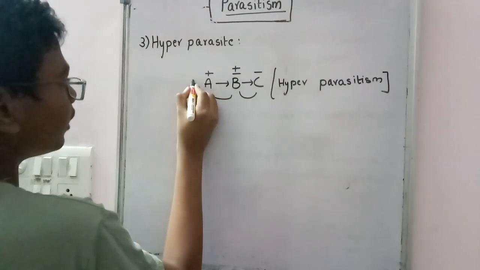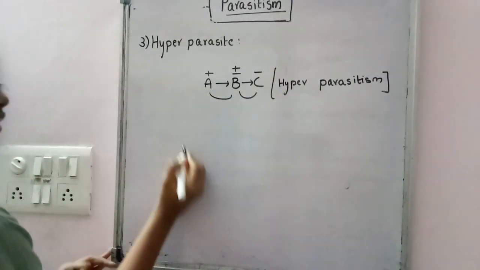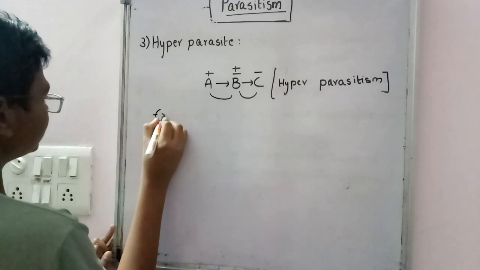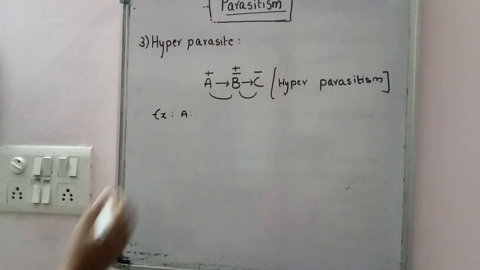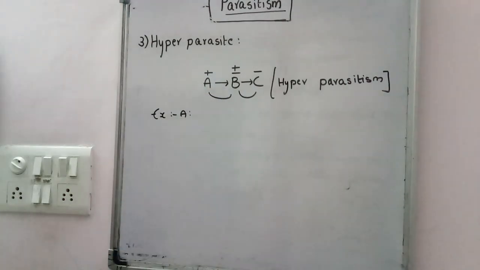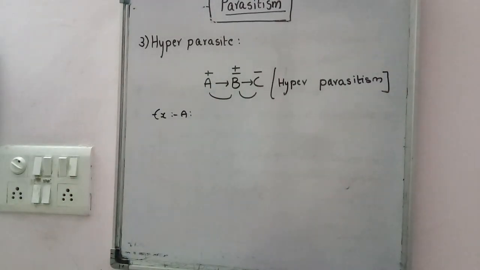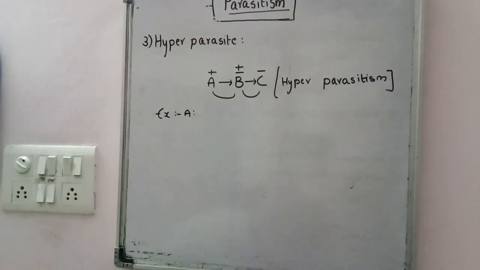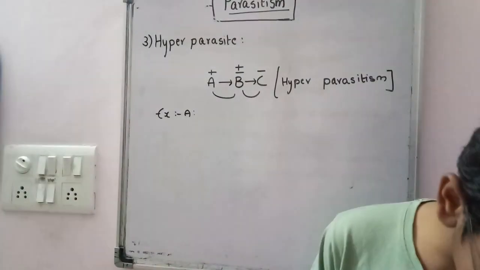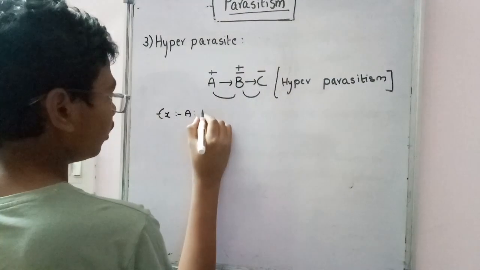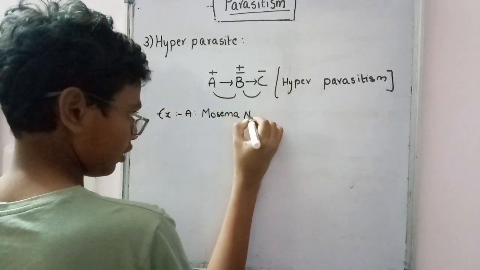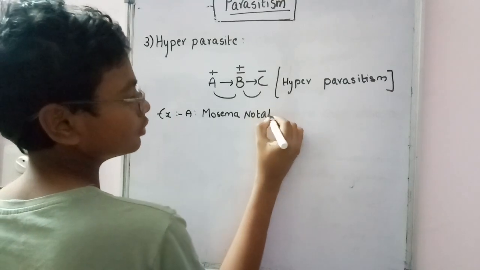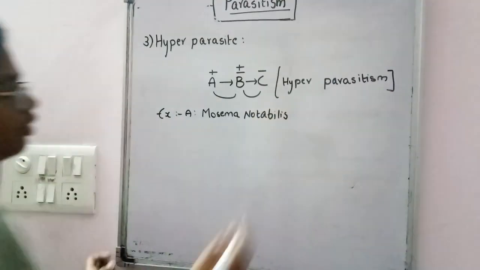So by using this A, B, C, we'll take one example. In this case A you can take as Nosema notabilis.